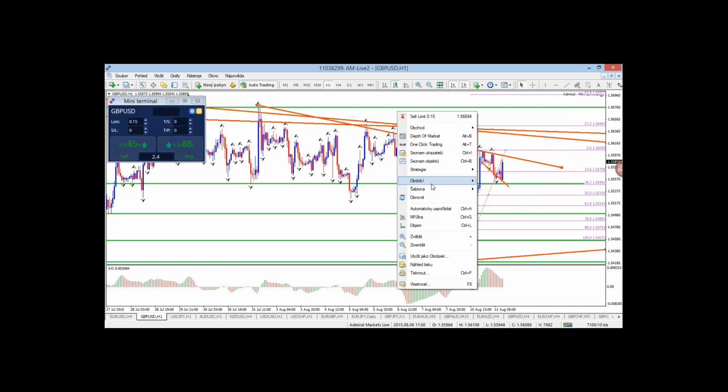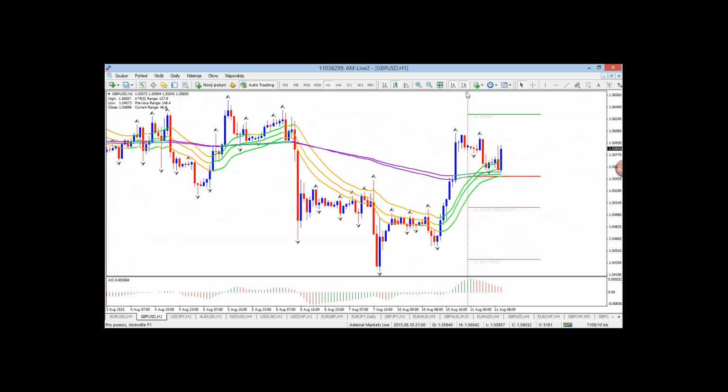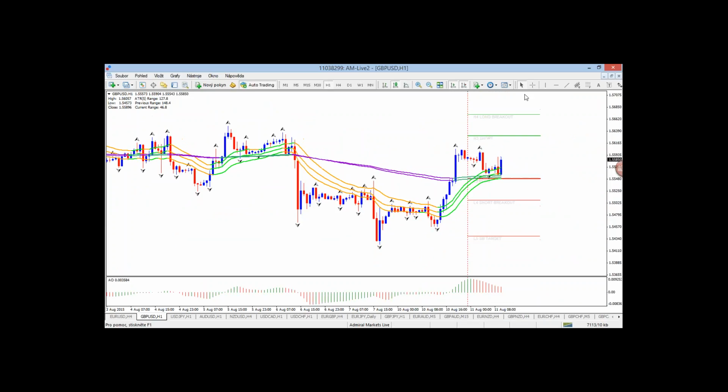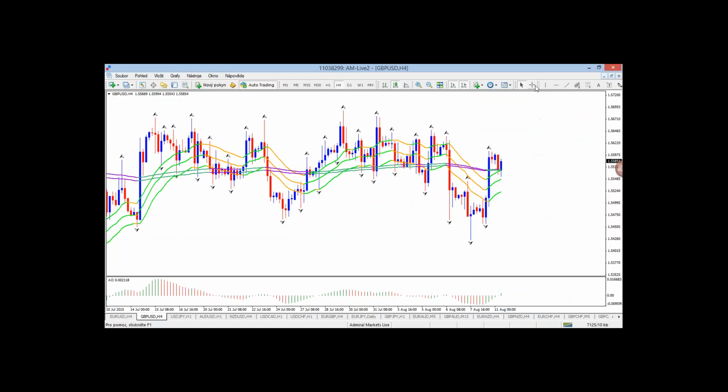So let's take a look at Camarilla. 156.70 is the H4. So probably 156.70 or, sorry, one second.